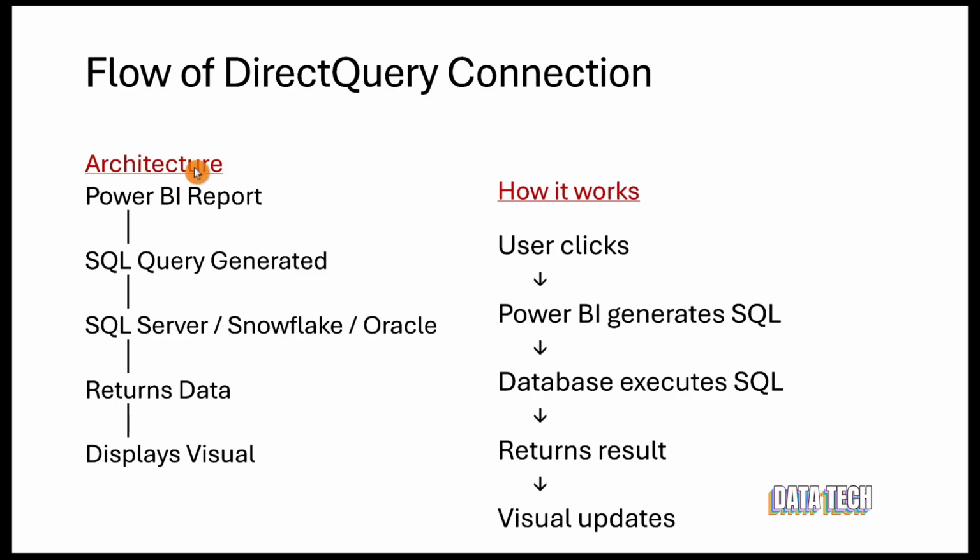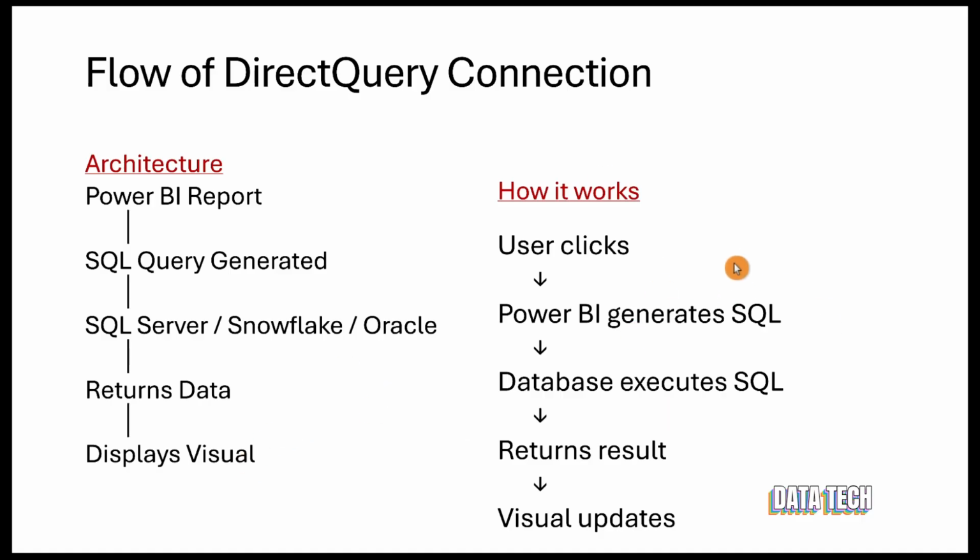Here is the architecture of the direct query connection. First of all, the Power BI report connects to the generated SQL query, and the generated SQL query connects to whichever database we have connected, and it returns the result. Based on the result, we can see the visualization.